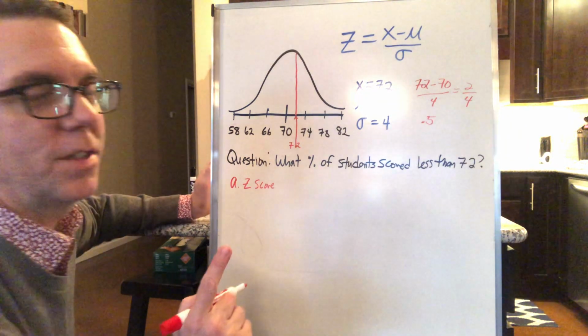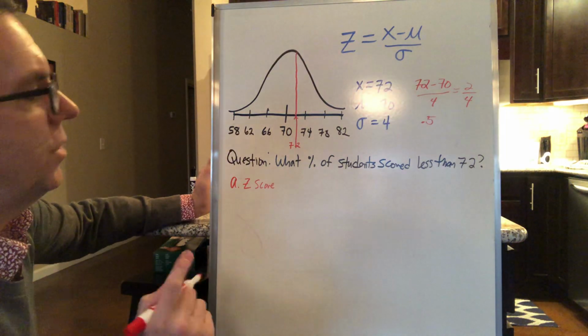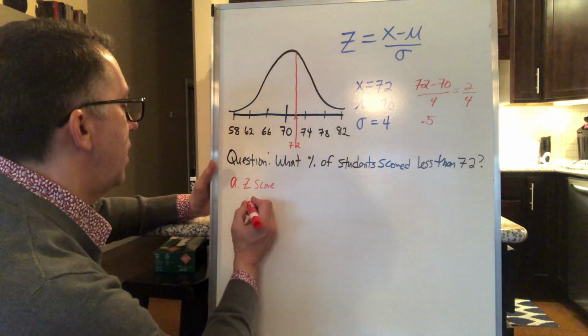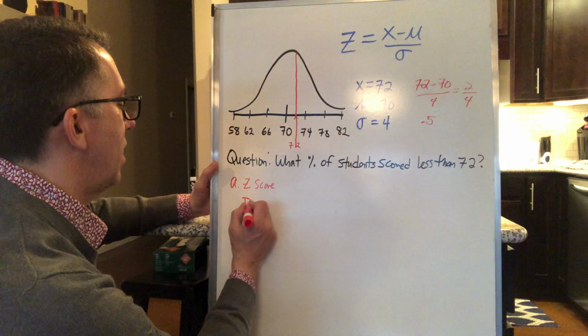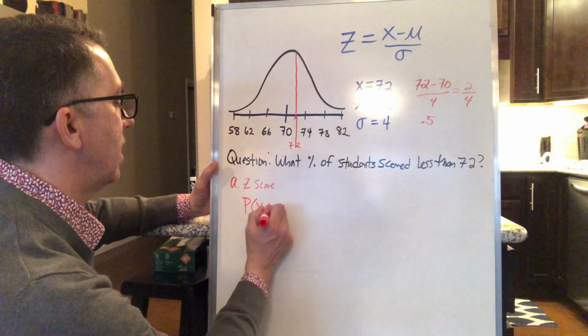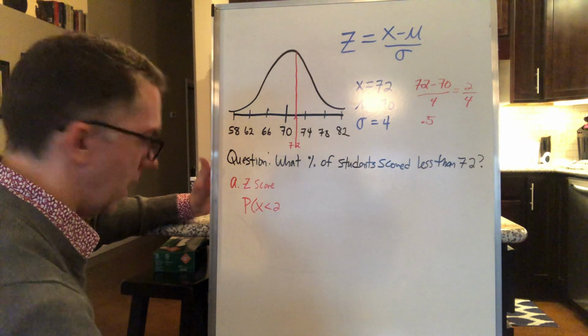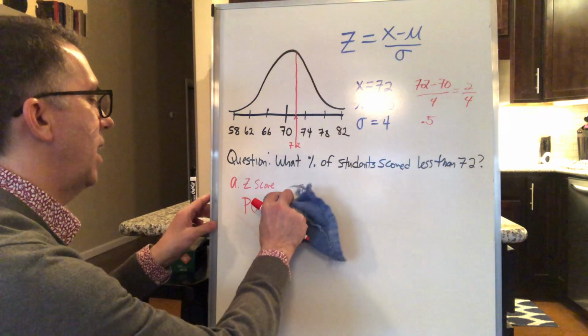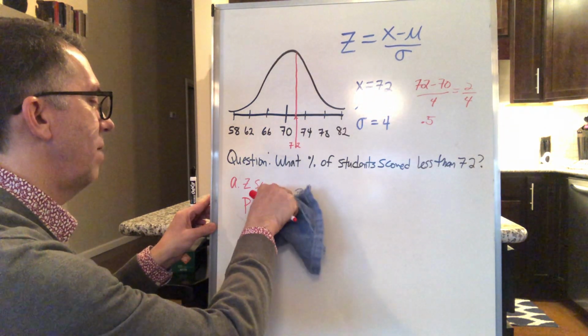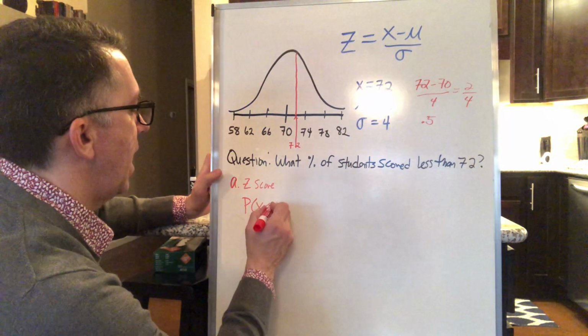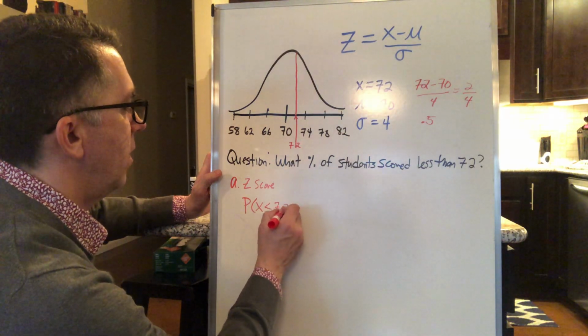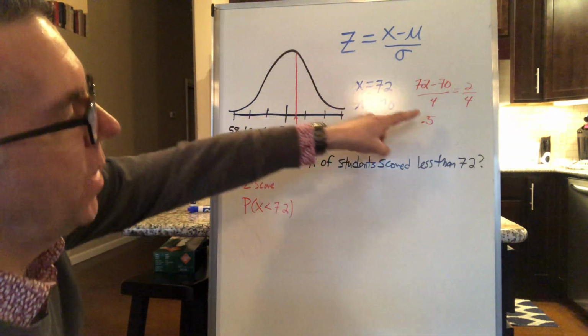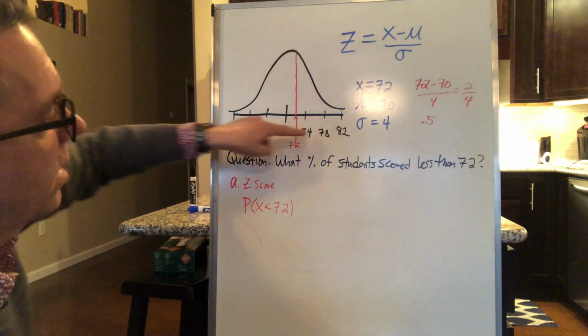Now we like to write this in proper statistical notation. So the first thing I would do is I'd say, what's the probability that x is less than 72? Let's write it as the probability that x is less than 72. But we decided up here this isn't going to be an x scale problem anymore.